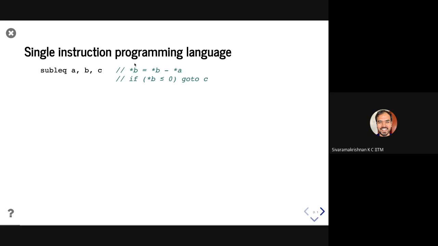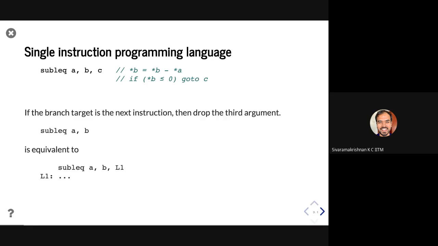It stores into B the difference between B and A, the value in B and the value in A. If the value in B is now less than or equal to 0, it branches to C. I assume you've taken C programming, so you can see how this might work. And this is the only instruction in this programming language. It might seem very strange.